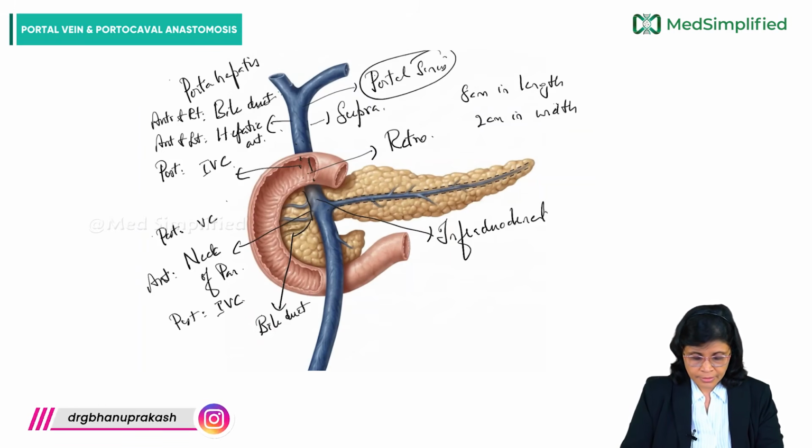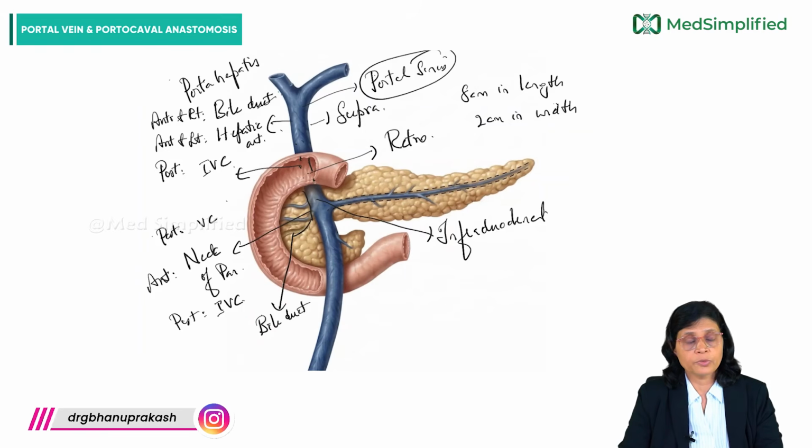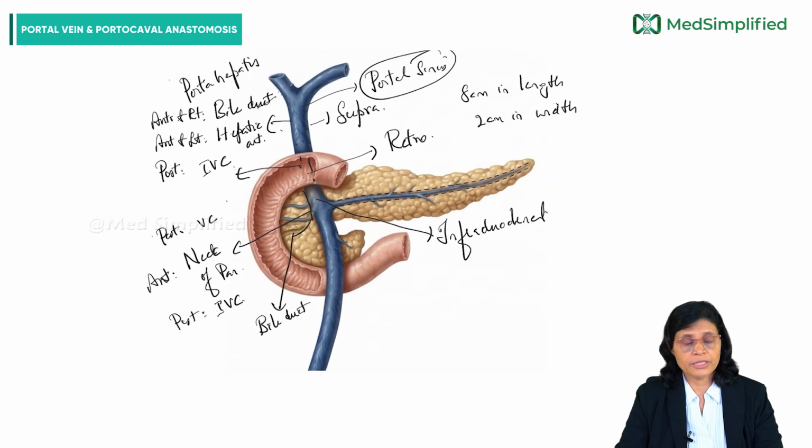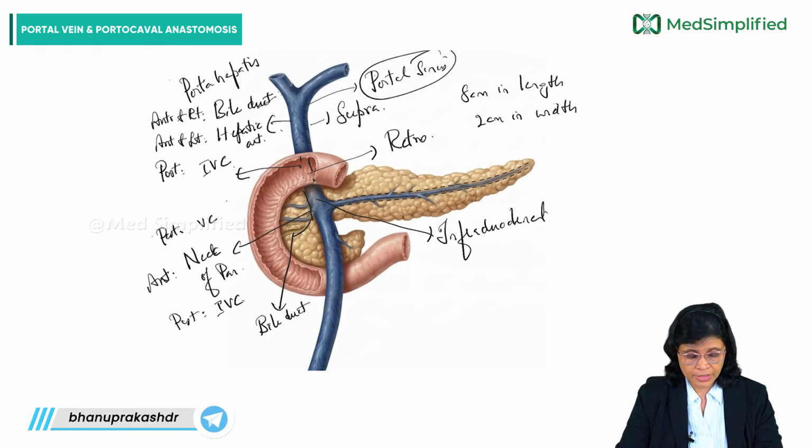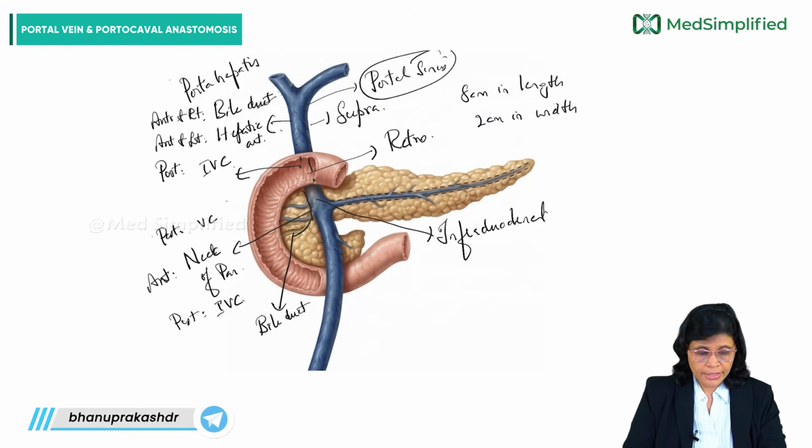And the supraduodenal part, which runs along the free margin of the lesser omentum: anteriorly and to the right there is the bile duct, anteriorly and to the left the hepatic artery with the hepatic plexus of nerves and lymphatics, and posteriorly the inferior vena cava.